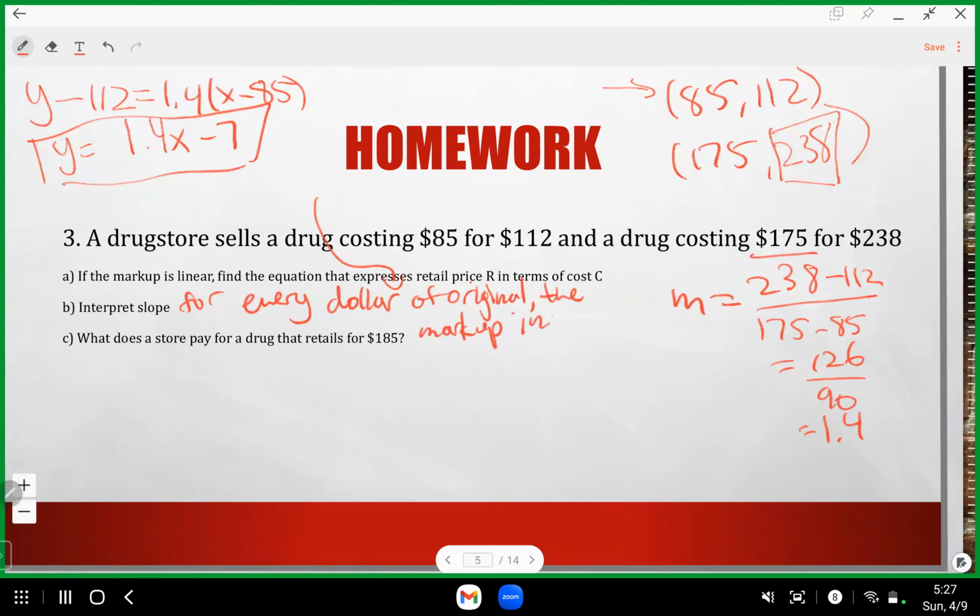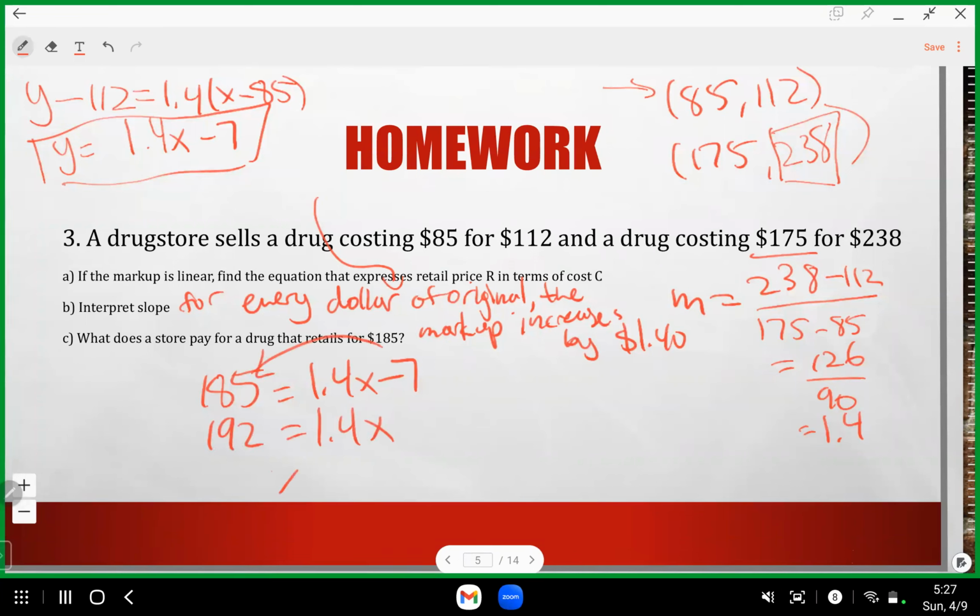Okay, so number C is, what does a store pay for a drug that retails for $185? So that's just going to be, put that in the equation. Of course, you get this, move this to the other side, you get 192 is equal to 1.4x.